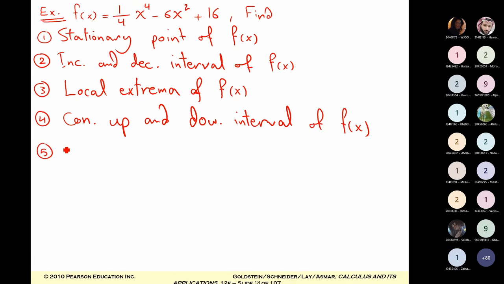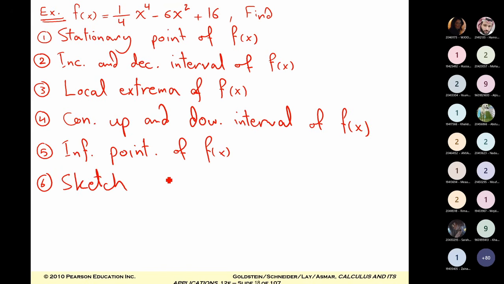Number 5, inflection points of f of x. Number 6, sketch f of x. Okay.